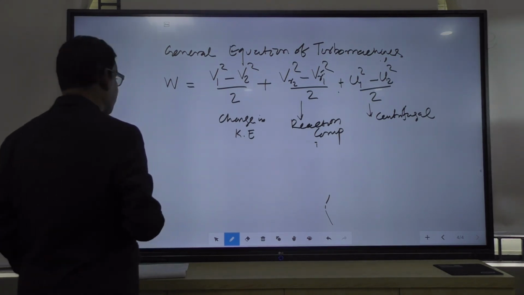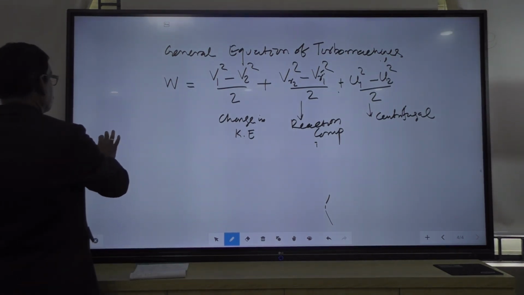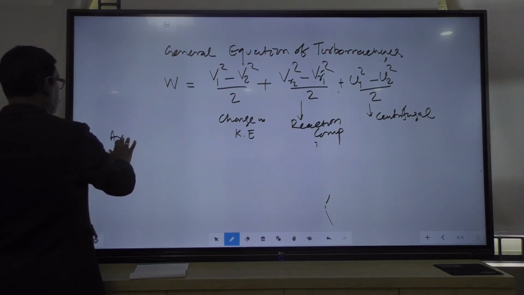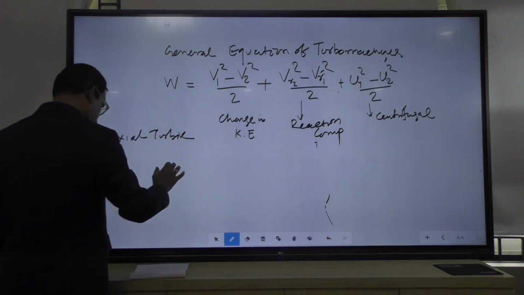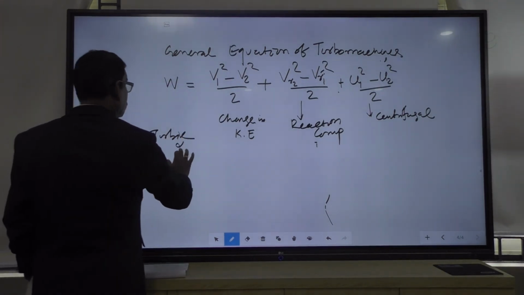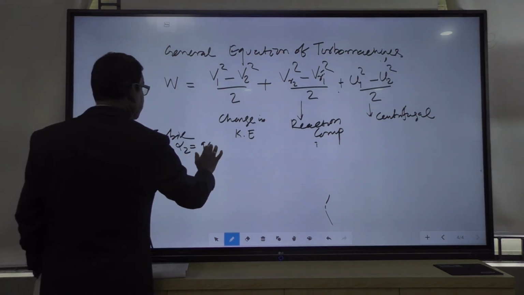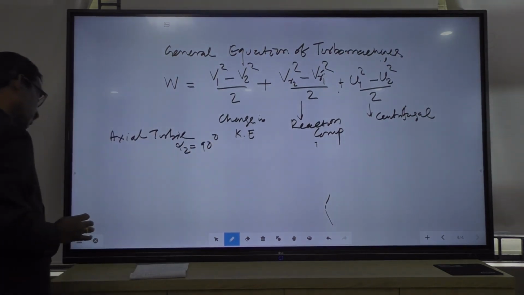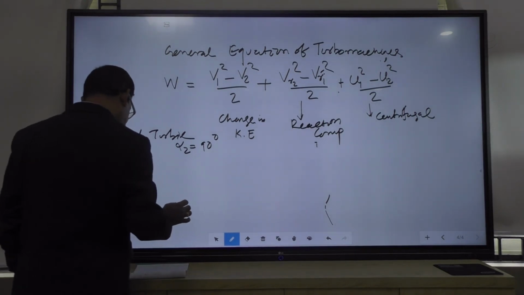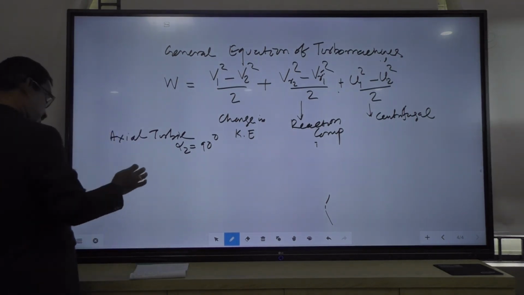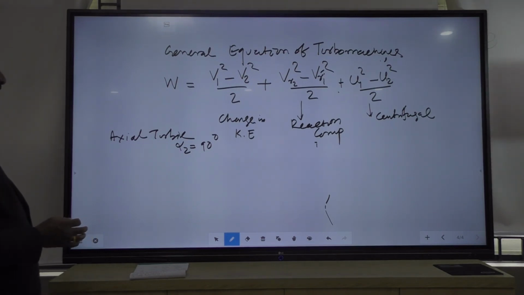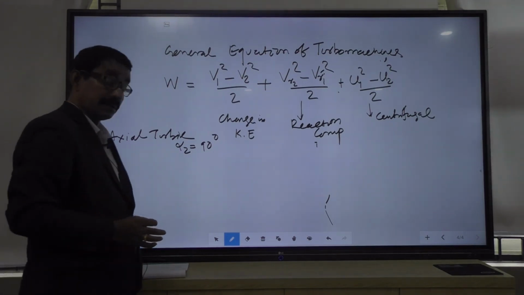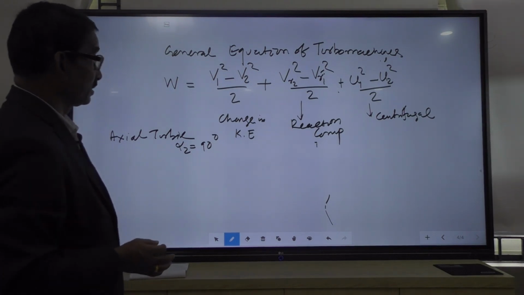Now, for axial turbine, this equation can be modified to a different form. For axial turbine, your alpha 2 is 90 degree, remember. And in the reaction turbine, pressure as well as kinetic energy changes take place.